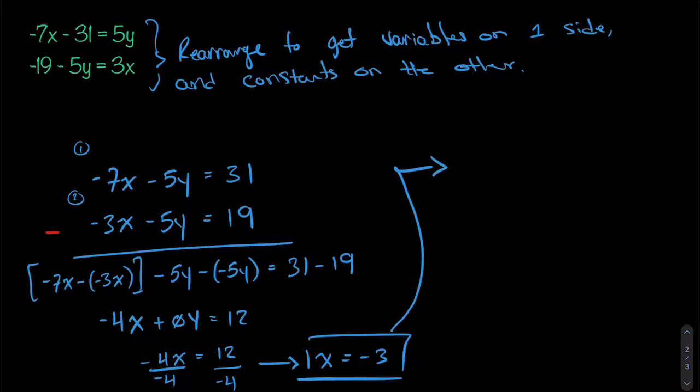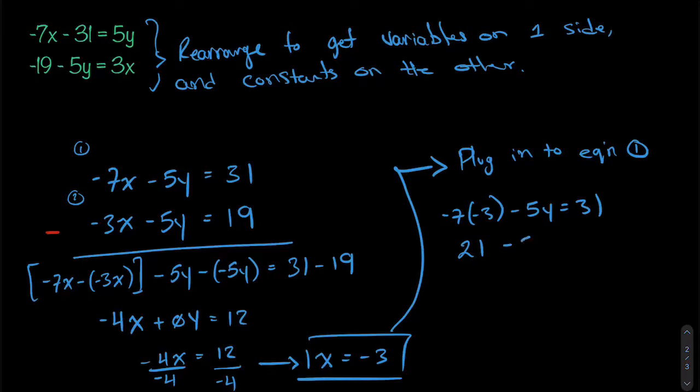So let's go and plug this into equation 1. And again, it doesn't matter which one you do it in. So we got negative 7 times negative 3 minus 5y equals 31. Negative 7 times negative 3, that's 21, minus 5y equals 31. I'm going to move the 21 to the other side, which means I'm going to subtract it, which gives us negative 5y equals 10.